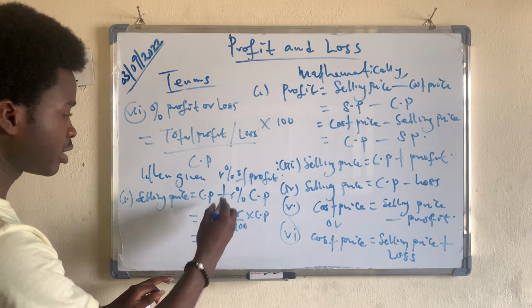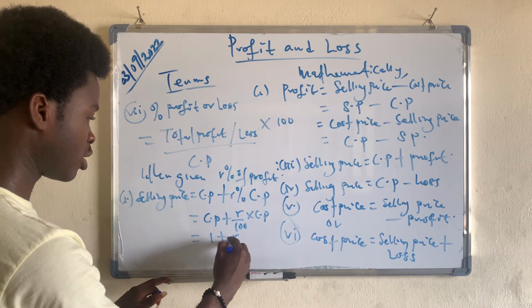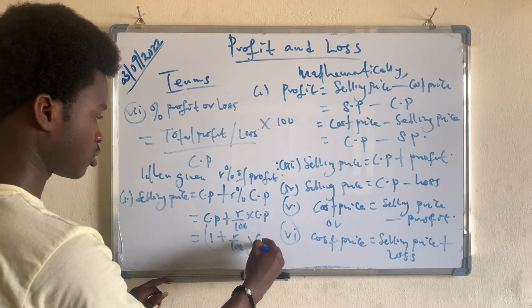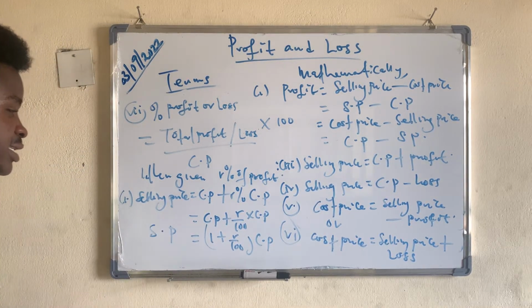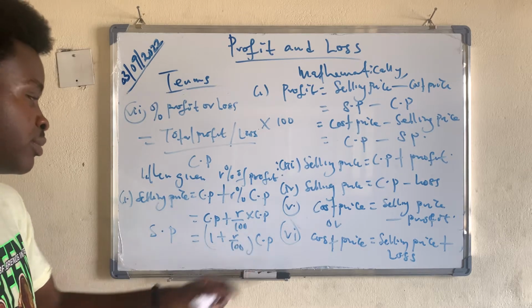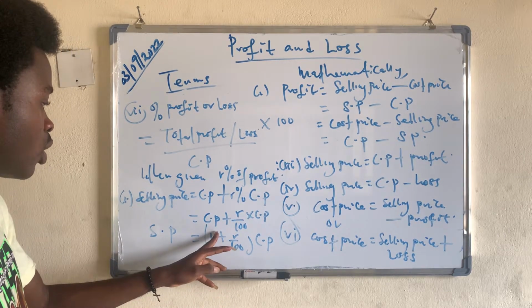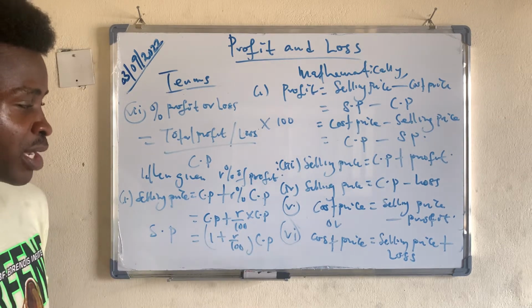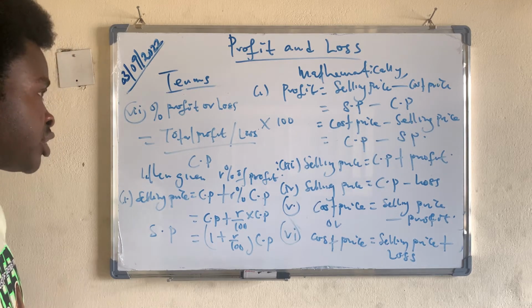It simply means that I have 1 plus R over 100 times cost price. So our selling price is 1 plus R over 100 multiplied by cost price. We can still write it as selling price equal to 100 plus R over 100 multiplied by cost price. It's still the same thing, taking the LCM of what is in the bracket, but we just have to leave it like that.